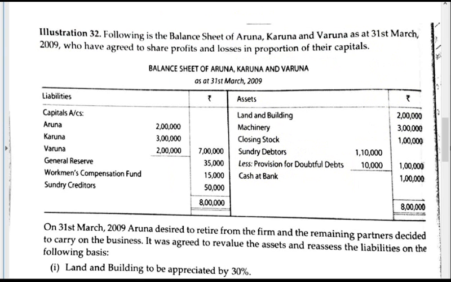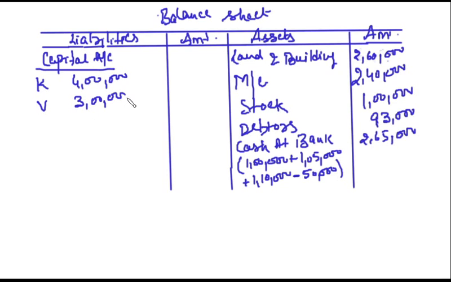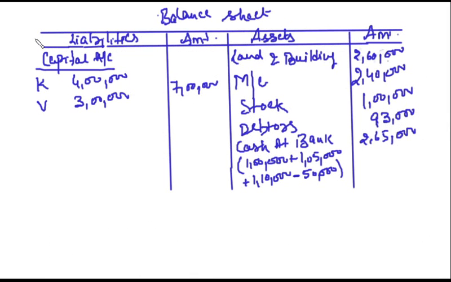Nothing. Now the capital accounts. Now if we talk of capital accounts for K and V, for K it is 4 lakh and for V it is 3 lakh. So this comes to 7 lakh. Clear? What else? General reserve we have distributed. Workmen compensation fund. Now this workmen compensation claim will appear in the balance sheet at 8,000 because the liability on that account has arisen.